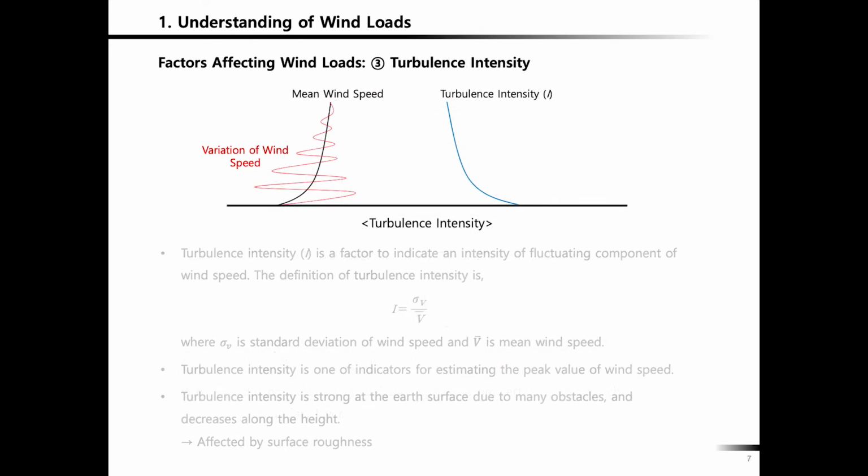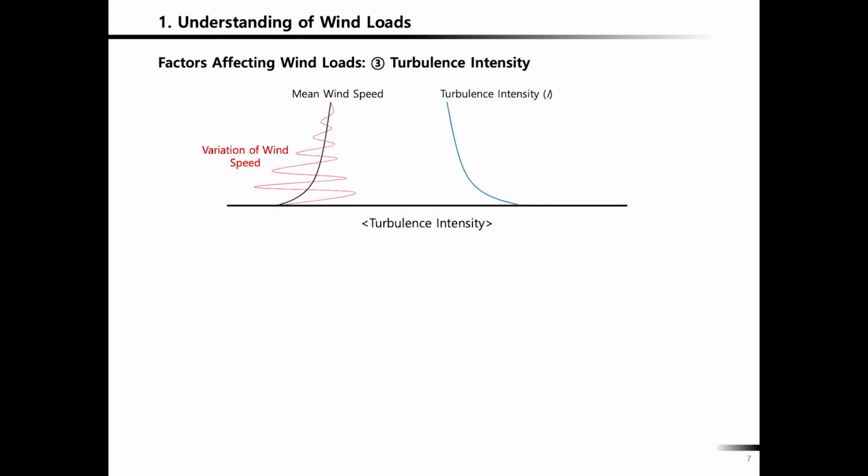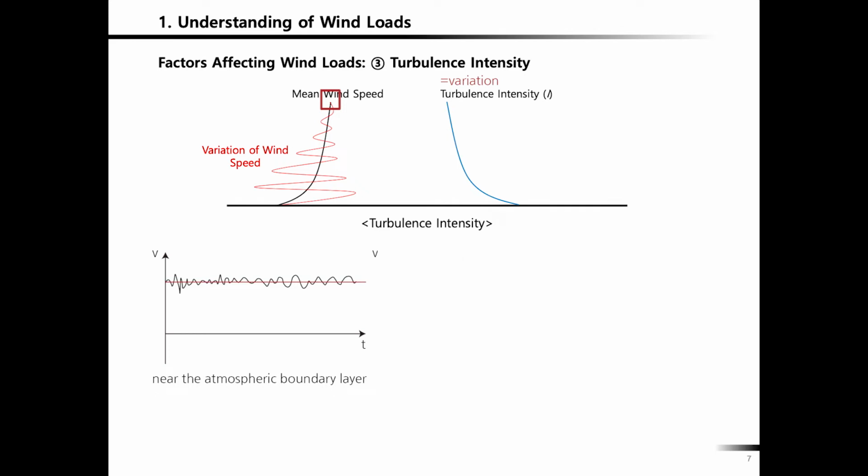Okay. Next, turbulence intensity. Turbulence means variation of the intensity, so that you have a large variation. For example, near the atmospheric boundary layer, maybe your wind speed profile, if it's time, maybe mean wind speed is high, but then it changes kind of a small.